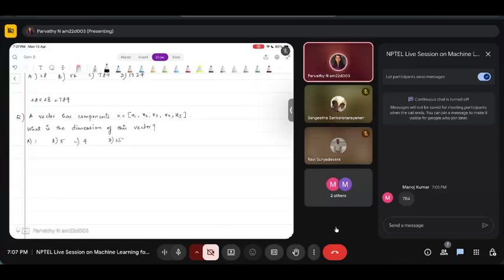There is a vector x, where x is equal to x1, x2, x3, x4, x5. These are the elements of the vector. Then what is the dimension of this vector x?